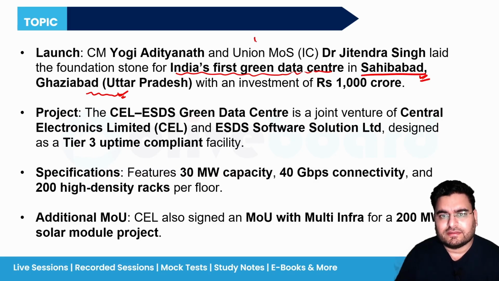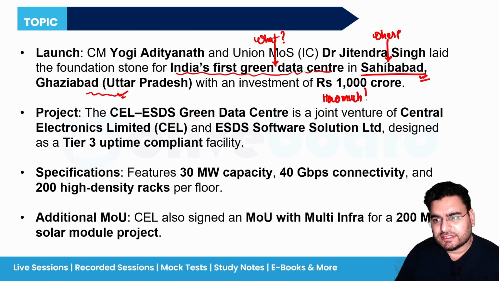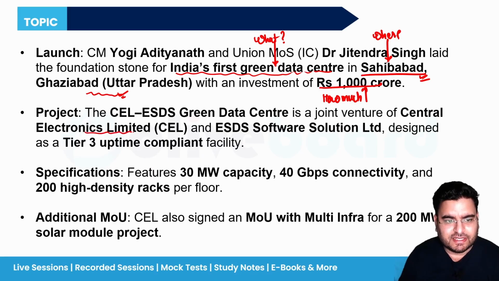So India's first green data center, where? In Sahibabad. How much, or you can say amount spent for the development? 1000 crore rupees. Got it? And it is developed by Central Electronics Limited.